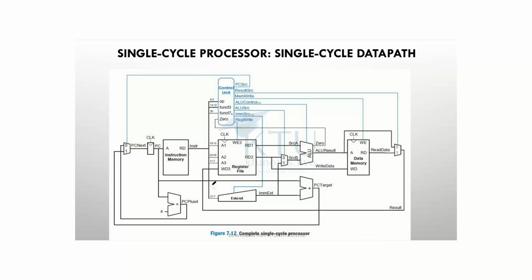So in the datapath, from the instruction, we have the opcode, function 3 and function 7 values and also the zero flag. These, zero, opcode, function 3, function 7, basically decide my main control: the PCSrc control, the result source control, the memwrite, the ALU control, ALU source, immediate source, regwrite. All these are decided first by the zero flag, then by the opcode, function 3, function 7. So this is how the control unit would look.